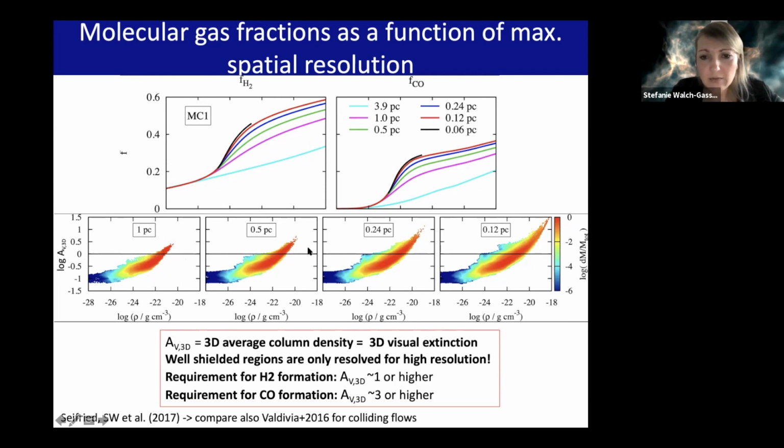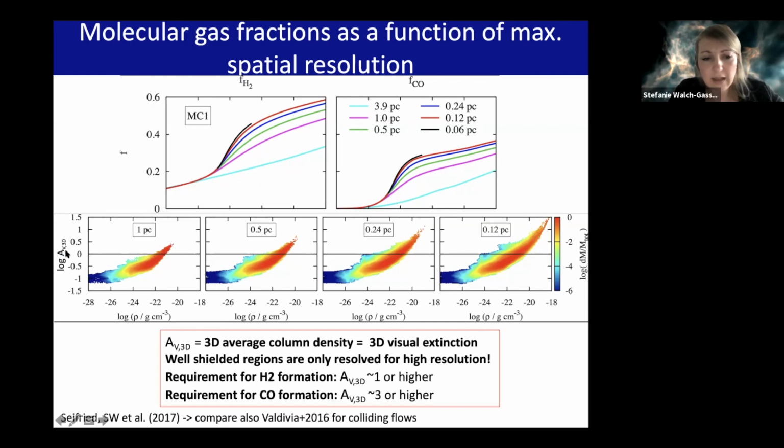As you go to higher and higher resolution, you have more and more cells where you actually resolve the high densities and which are then sitting at a higher visual extinction. These cells are just absent at 1 parsec resolution, or a lot of them are just not there. And therefore we form fewer molecules at lower resolution. And it also starts to become really stochastic what is happening.